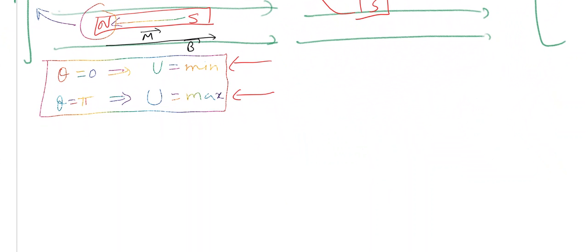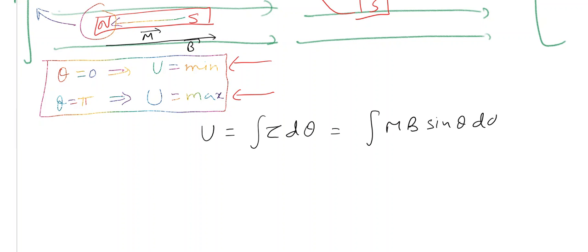We can define magnetic potential energy as force dot displacement, but in case of rotational motion, it can be written as the integration of torque dot d theta. So it is mB sine theta. m is the dipole moment and B is the magnetic field, both being constant, can be taken out.